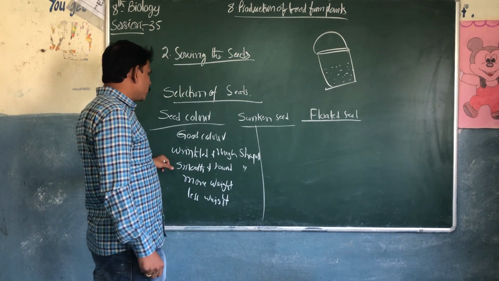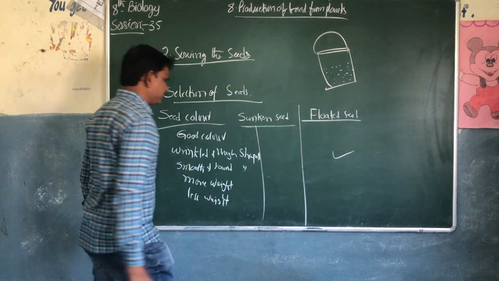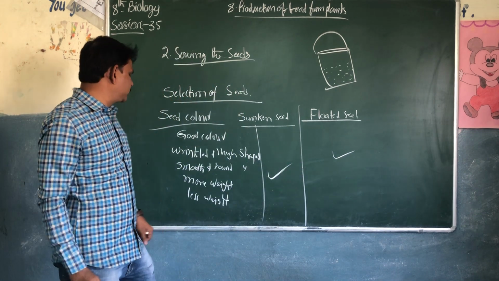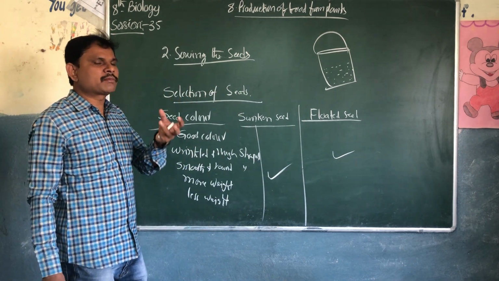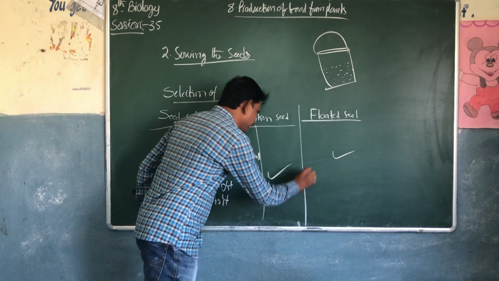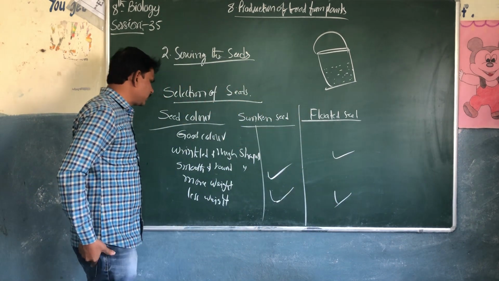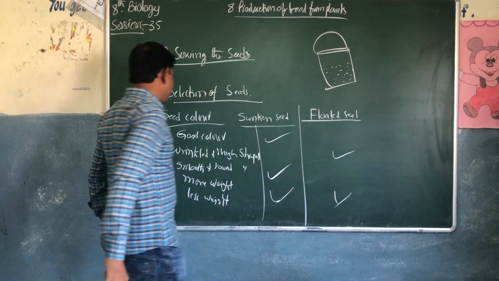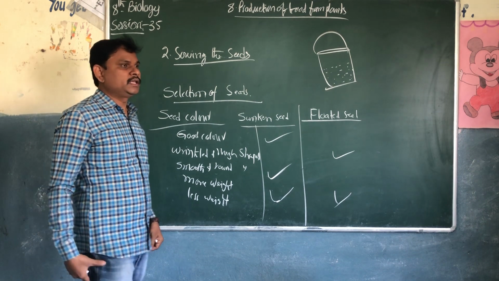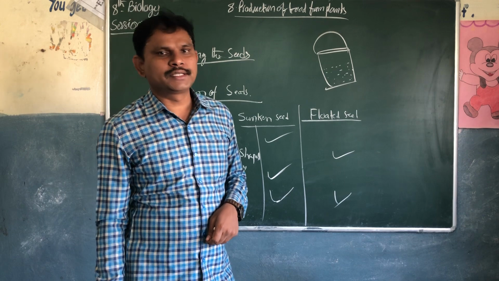Here, wrinkled and rough shaped seeds are floated seeds. Smooth and round ones are sunken seeds. If the seed has more weight, it will easily go down in the water. Less weight, it will float on the water. So we can observe two different types of seeds, sunken seeds and floated seeds.